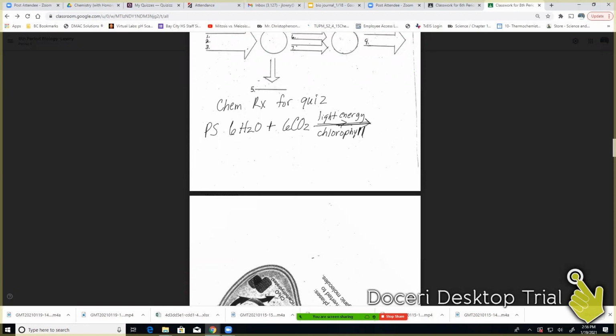And this ends up giving you 1 molecule of glucose plus 6 molecules of oxygen. O2 is oxygen gas.